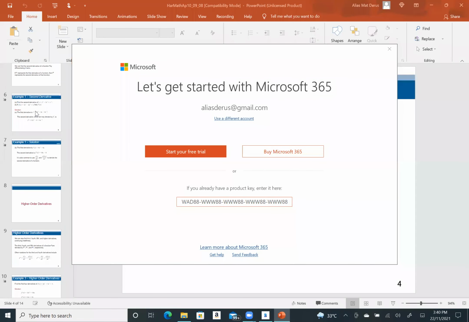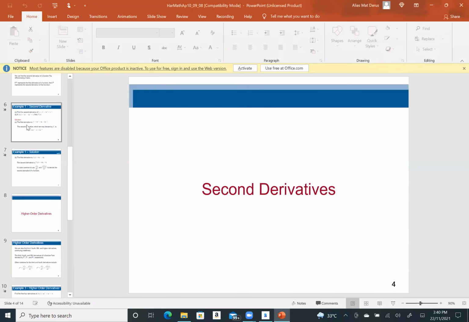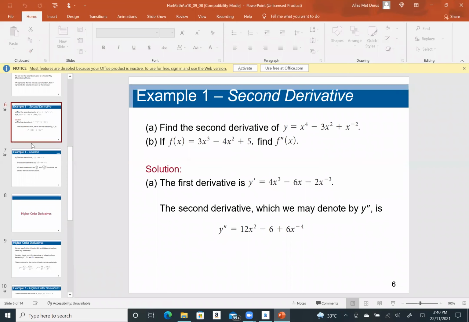Okay, this is an example. Example 1. They are given a function A, and then you got B. Yeah, two examples. Let's go.